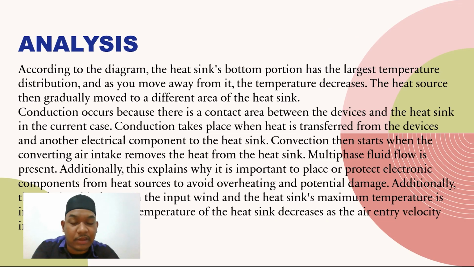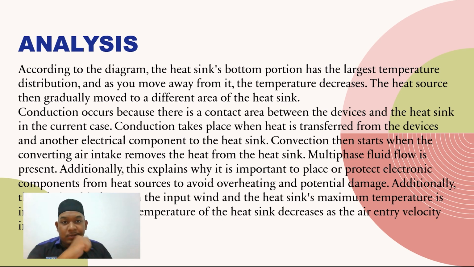Next, we move to the next slide. According to the diagram, the heatsink bottom portion has the largest temperature distribution, and as you move away from it, the temperature decreases. The heat then gradually moves to a different area of the heatsink. Conduction occurs because there is a contact area between the device and the heatsink.